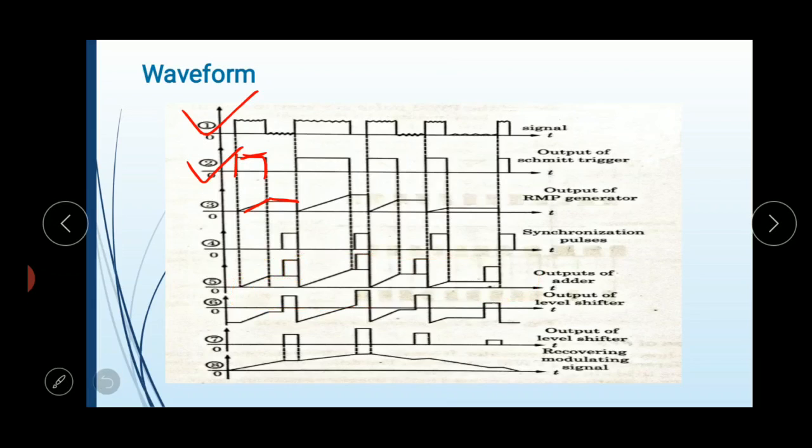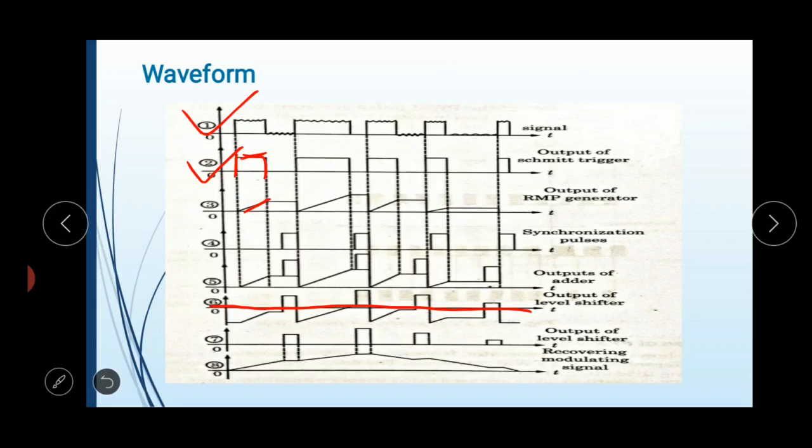Then the output of the adder is given to the level shifter, which just shifts the negative offset. So here this line is present in the adder output, but after the level shifter the line is shifted to this point and half of the waveform comes below this line.